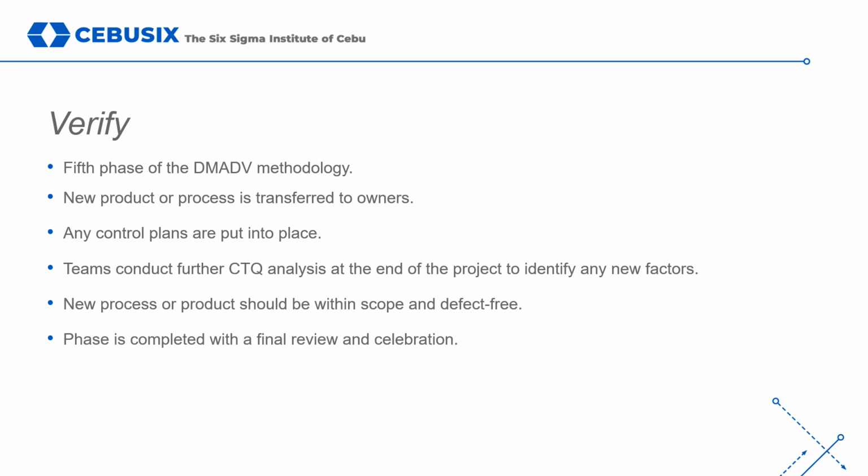One of the main differences between verify and control is that DMADV teams might take time to complete further critical to quality analysis at the end of the project so that they can identify new critical to quality factors. This is done because the process or product is different than it was when the team first started working.